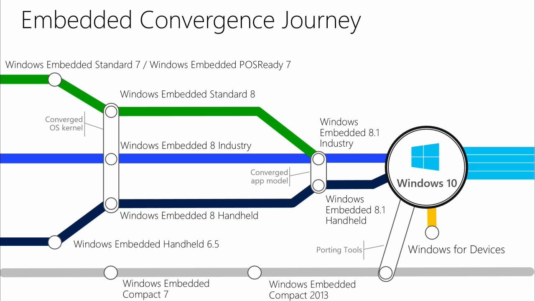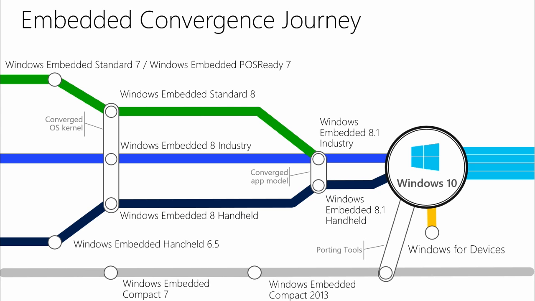I won't walk through every step here, but everybody remembers Windows Embedded at version 7 and 8 and 8.1, and this has been a convergence for a long time, where the different versions of the embedded operating system have been coming together, CE and embedded in the different SKUs like standard, industry, and handheld, coming together to quite a bit of convergence at 8.1, and finally coming together at Windows 10 all together with Windows for Devices and the Windows Embedded Compact and the Windows Embedded the other SKUs.